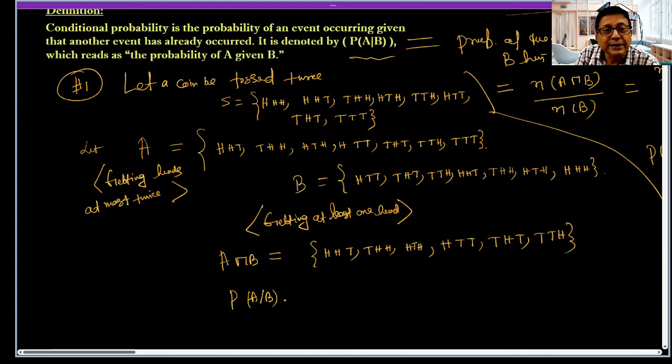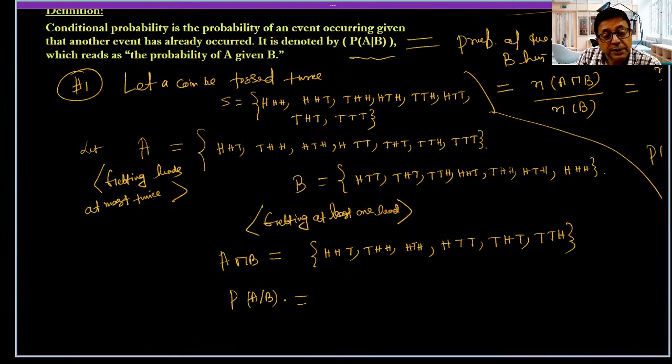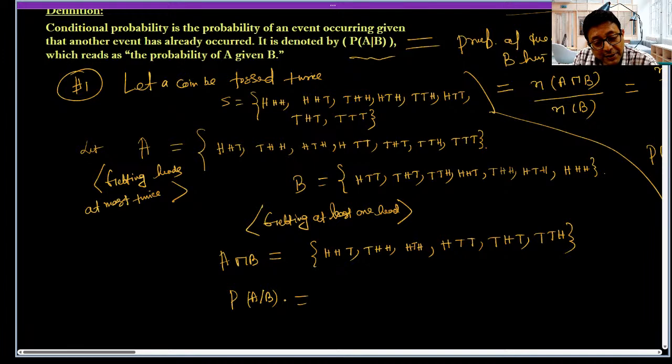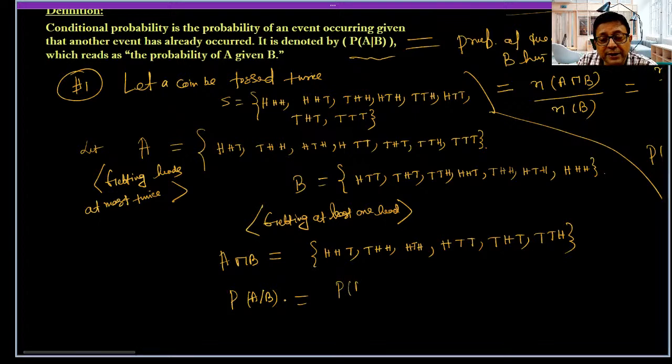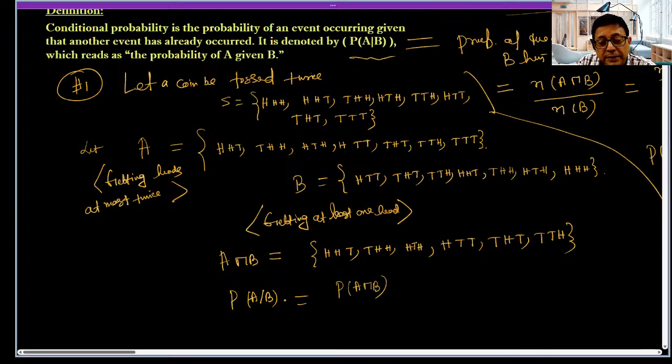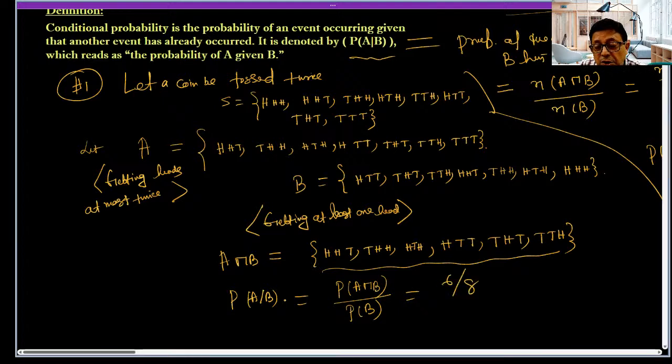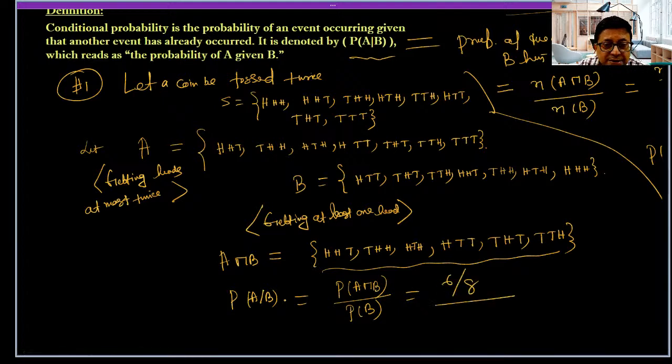Now if you want to write P(A given B), that is the probability of getting heads at most twice, given heads we got at least once. Under this condition, it will be P(A intersection B) by P(B). For P(A intersection B), how many cases are there? 6 cases, total number of cases 8.